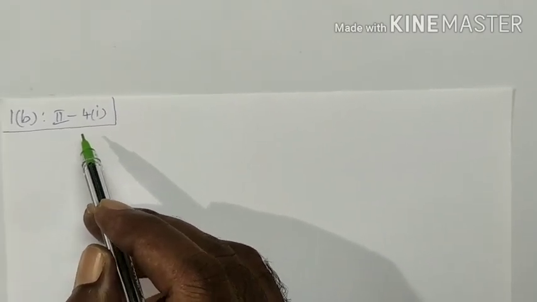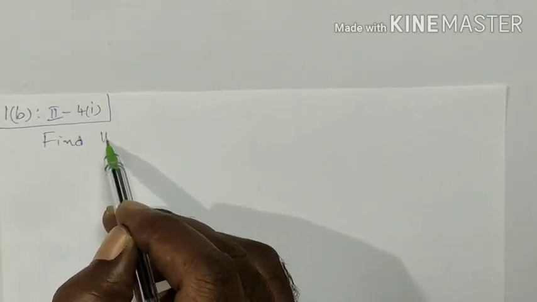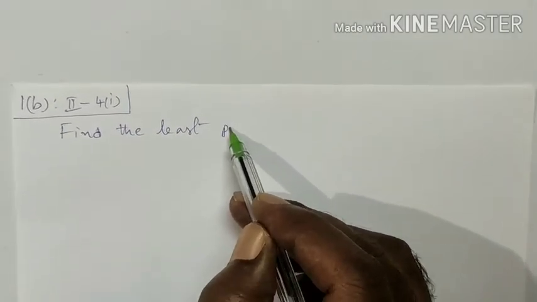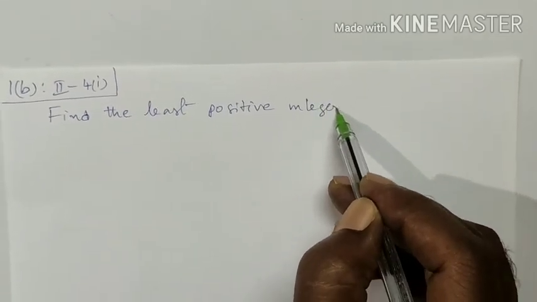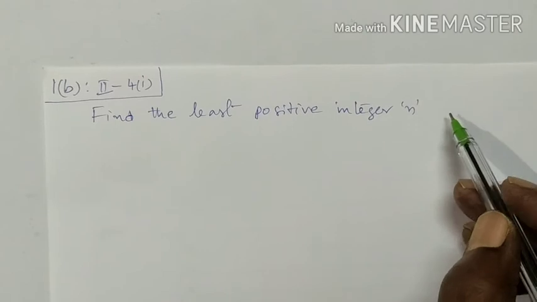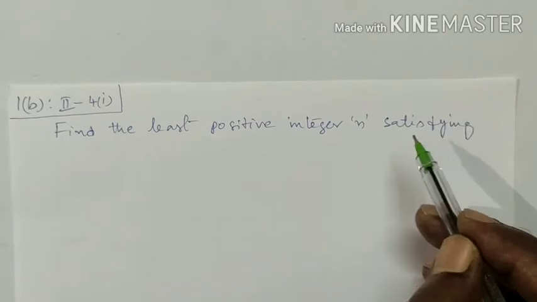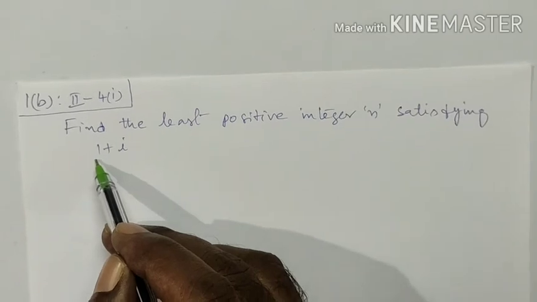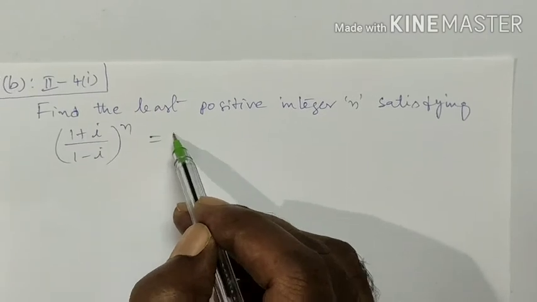Find the least positive integer n satisfying (1 plus i by 1 minus i) whole power n is equal to 1.